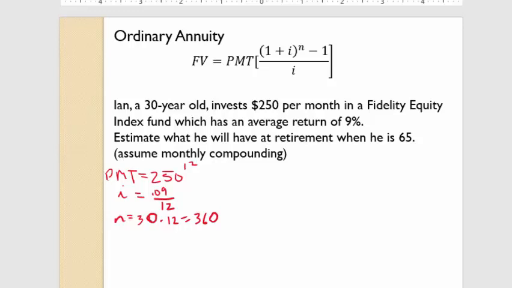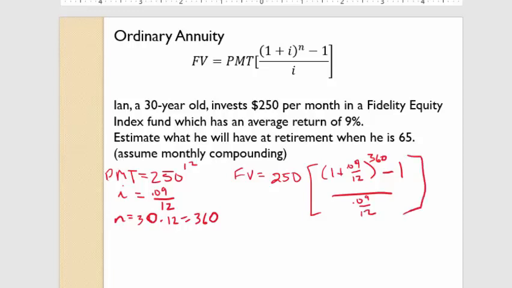So now let's plug everything in. The future value is equal to the payment, 250, times 1 plus I, and I is 0.09 divided by 12, raised to the n power, and n in this case is 360, minus 1, divided by I, which is 0.09 divided by 12.